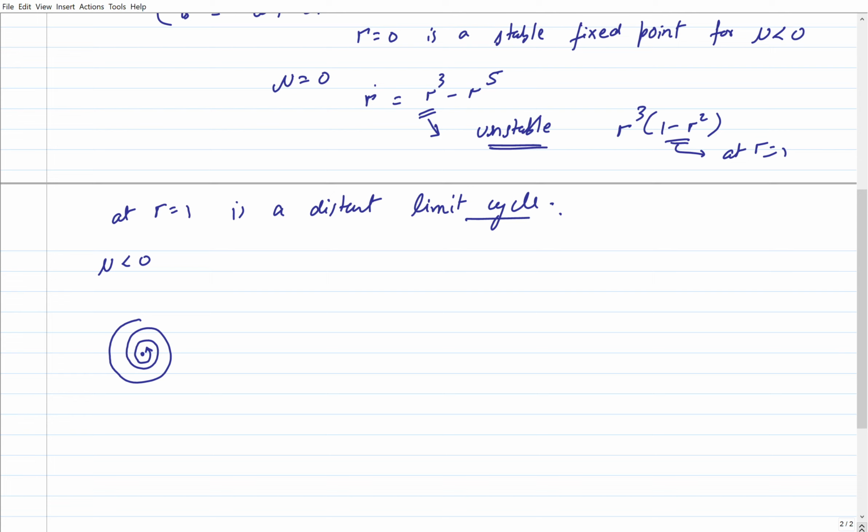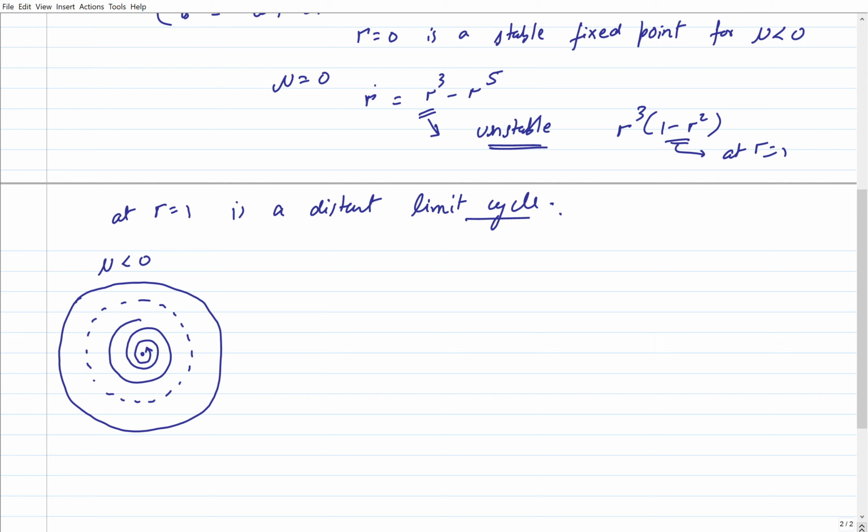I have two other limit cycles, and where are they coming from?